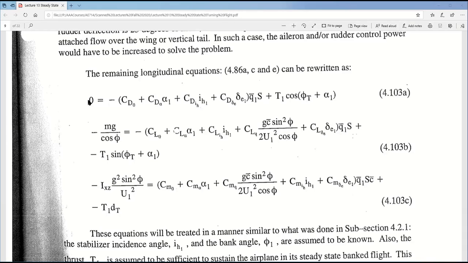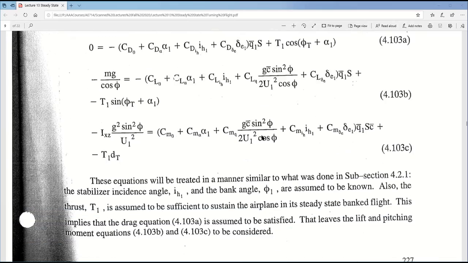But I think what he's done is here he's assumed that v1, which is the side velocity, is small. But following the derivation, he doesn't say that at this point, so there really should be a minus m v1 r1 here.